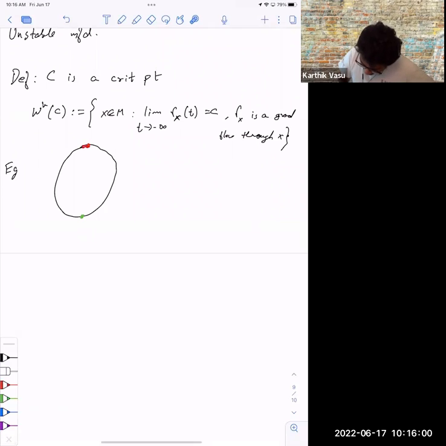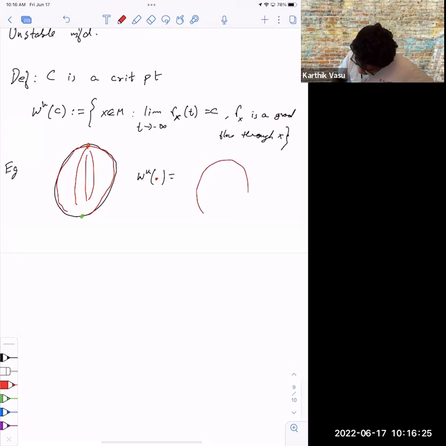So all the flows will look like this, because there's only one maximum. So the unstable manifold for my red point will look just like a sphere, except the bottom point is missing.